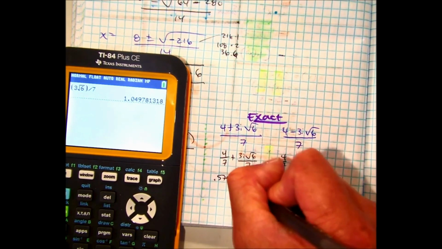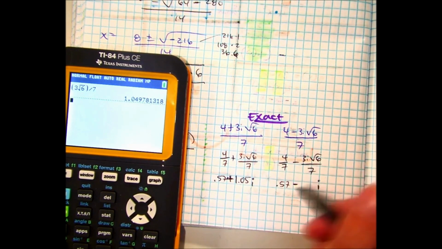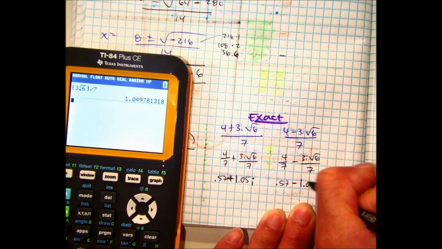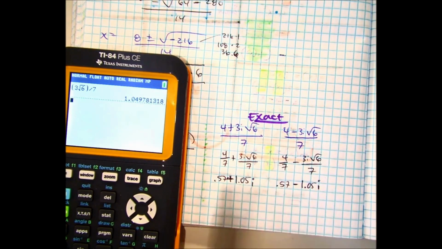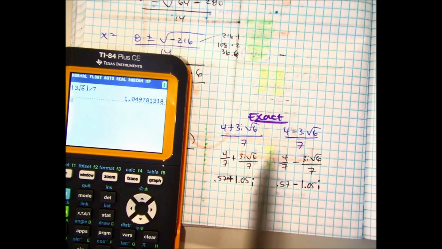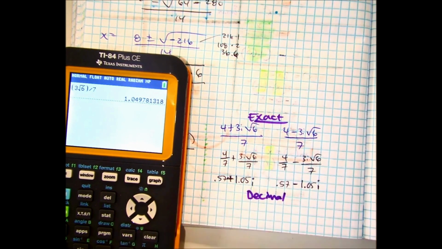And this will give you 1.05. Basically, it's the same thing on the other side, 1.05. Remember, you cannot combine the two. 0.57 plus 1.05i, they are not like terms. Why? Because it has an i in there. This is a decimal answer.